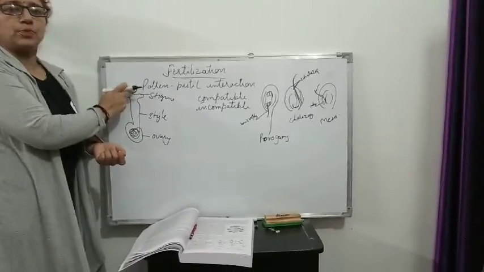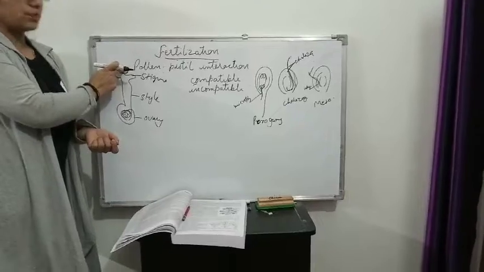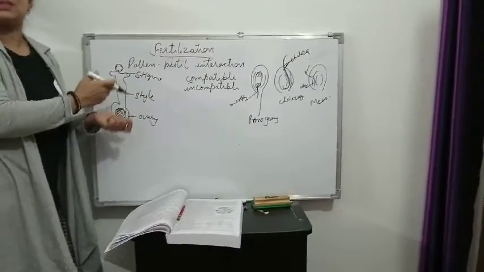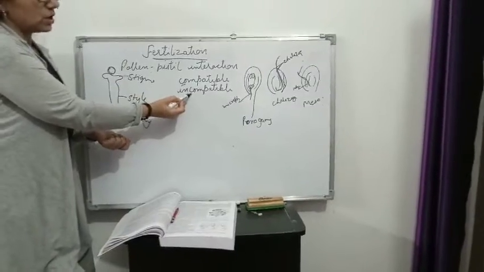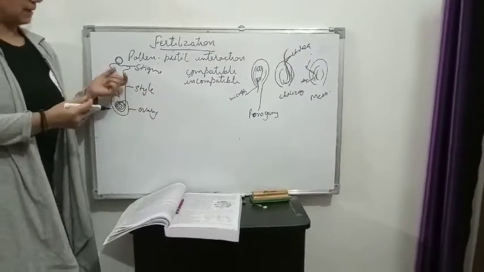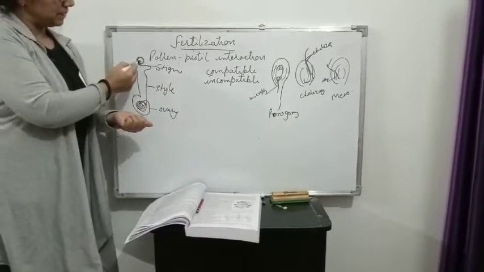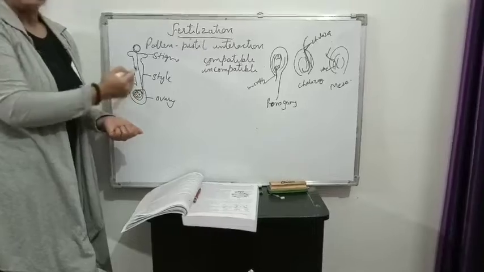If I say that this pistil is of a guava and this pollen is of mango, they are not compatible, because these two species differ from each other. If they are different from each other, we'll call it incompatible. If a pollen is compatible, meaning it is of the same species, the pollen tube is generated and it goes to the ovary.